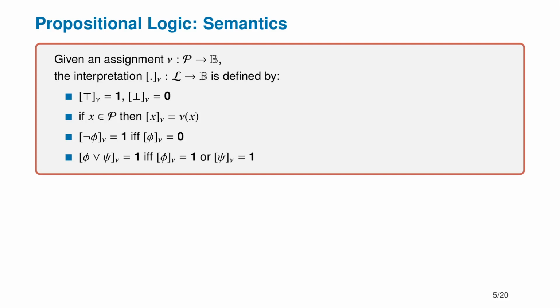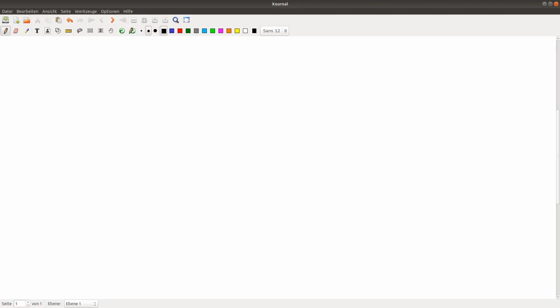So if we want to have, for example, a conjunction, A and B, and we have only disjunction and negation at hand, then we can write this down as not (not A or not B).